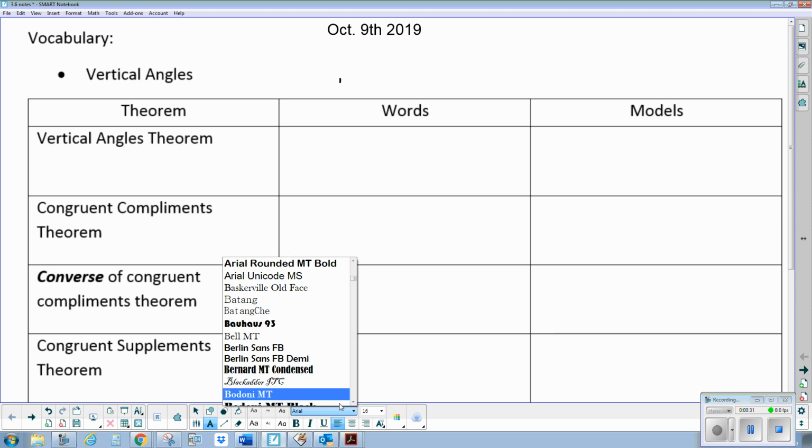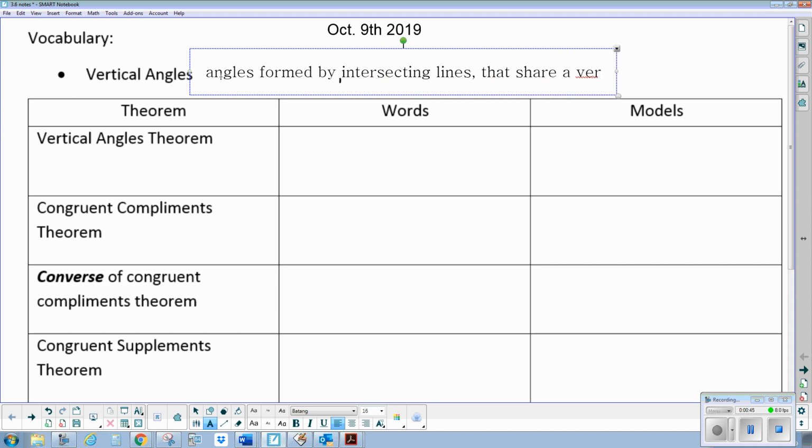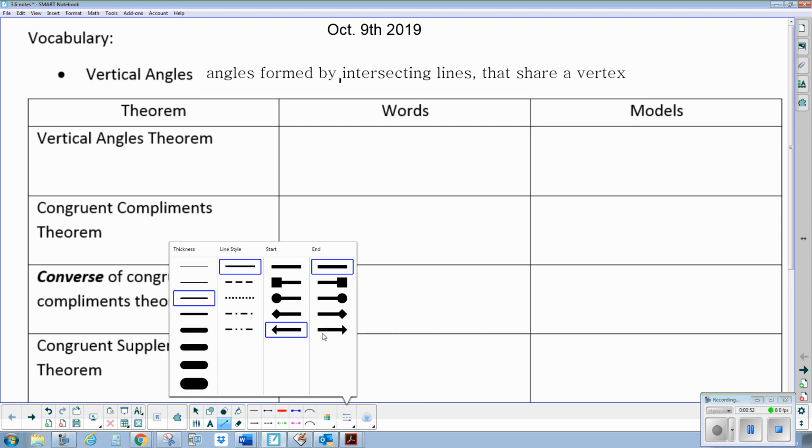We're going to define vertical angles, and these are angles formed by intersecting lines that share a vertex. Okay, so a diagram of vertical angles might look something like this.